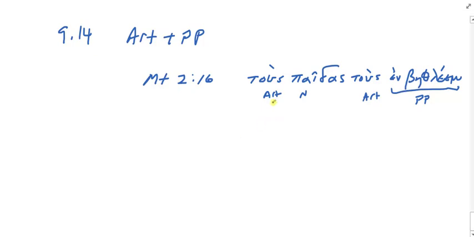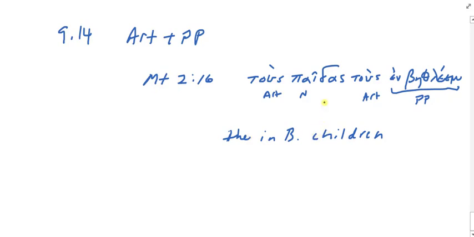So, in order to make this good English, in other words, this prepositional phrase is functioning like an attributive adjective, right? Article, noun, article, adjective, but here we've inserted a prepositional phrase. The in Bethlehem children. How can we rephrase that into good English? Yeah, the children who were in Bethlehem.